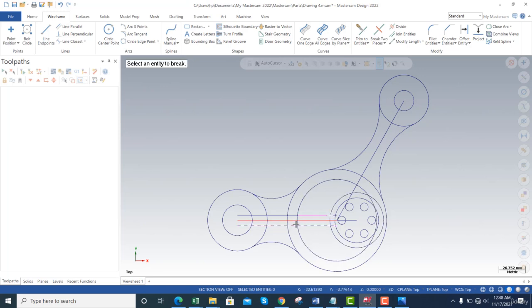Similarly, in this case I want to break it from this point and at this point.